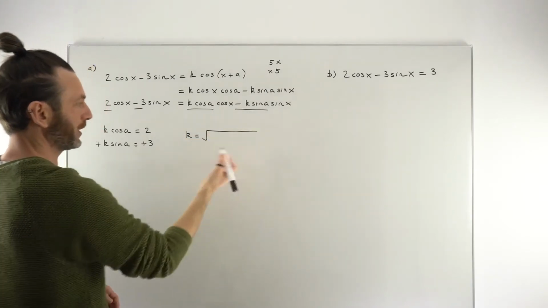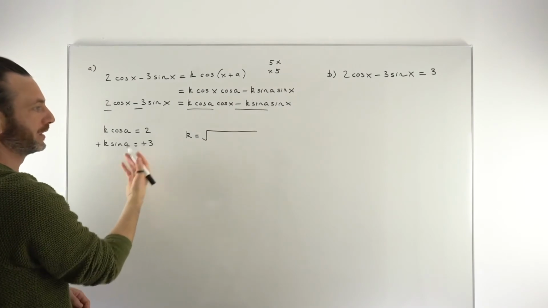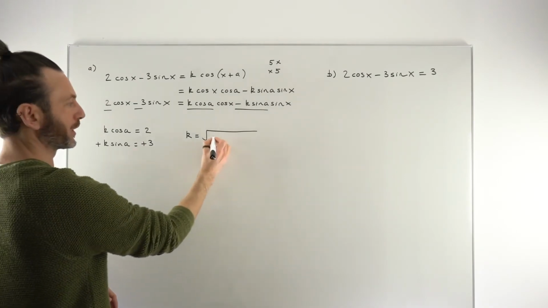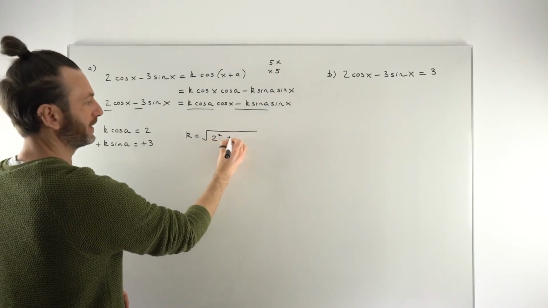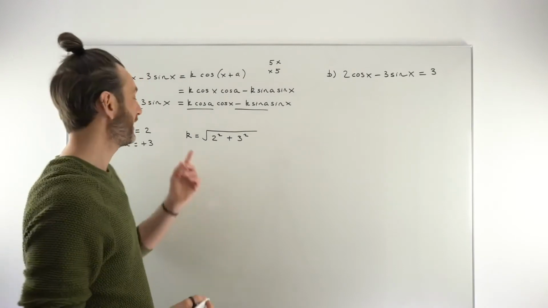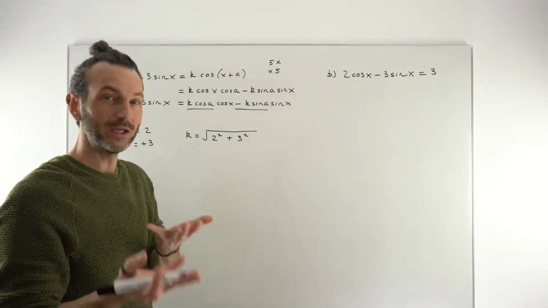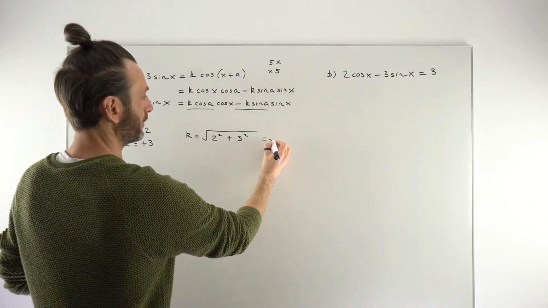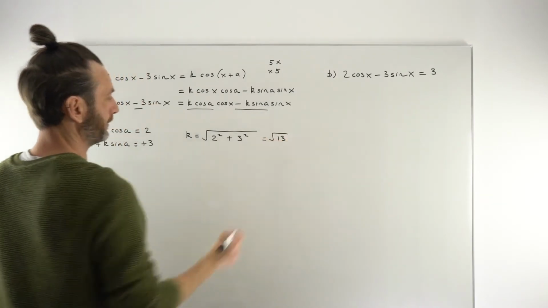We don't need the derivation of where it comes from in the solution, just the square root of these two numbers squared added together. These two numbers are forming the short sides of a right angle triangle, and the k value is the long side. But you don't need to worry about the geometry, you just need to know the formula. So that's going to be the square root of 13.